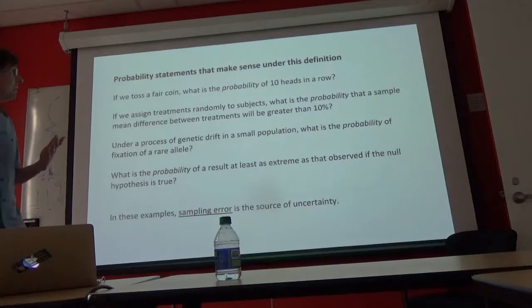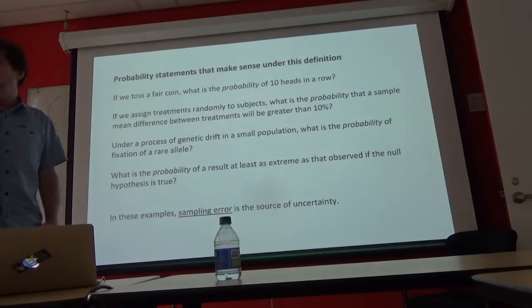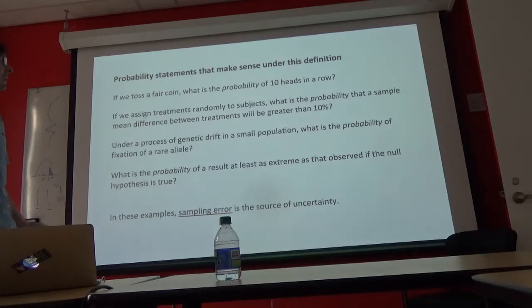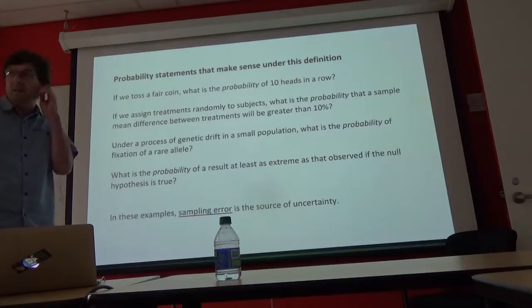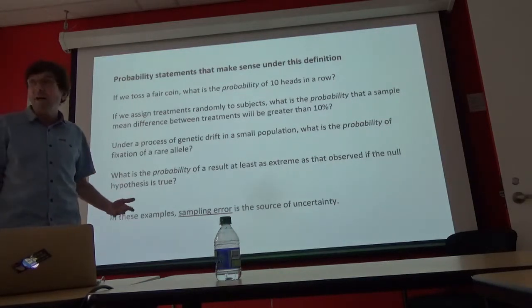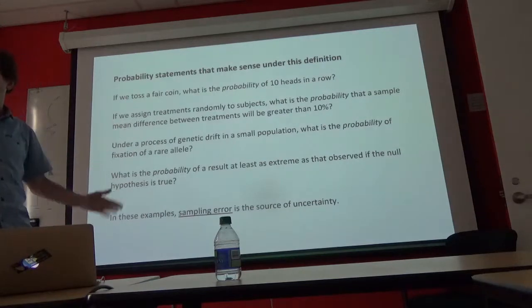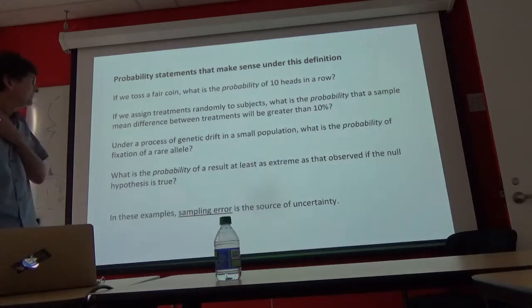If we toss a fair coin, what's the probability of 10 heads in a row? It makes sense to us. We have this idea that a coin is probably fair, and that if we flipped it in the long run, the probability of heads would be 0.5, and each toss is independent, so we can actually calculate this using the binomial distribution.